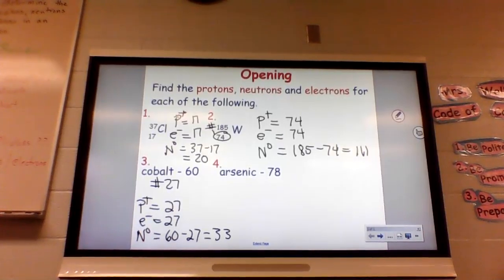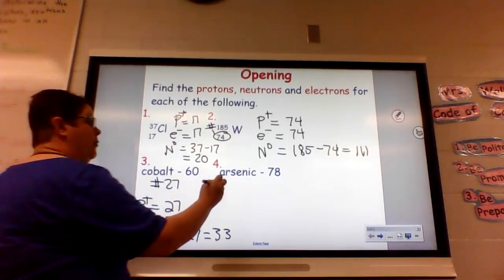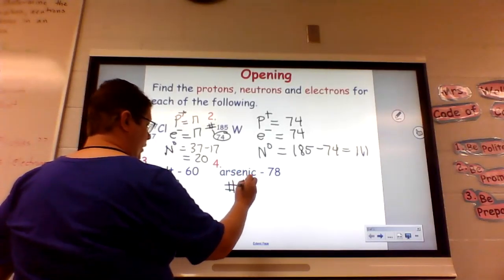What thing on the chart? Whatever it's asking. Okay, what's it asking for? The atomic number. Okay, so find arsenic. It's 33. Okay, so you got to look up the atomic number, and the atomic number is 33.